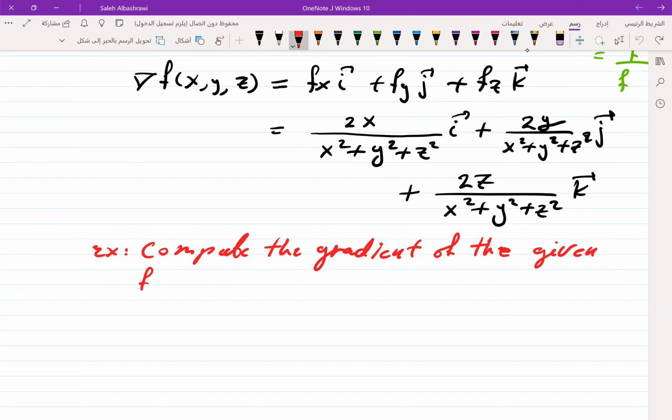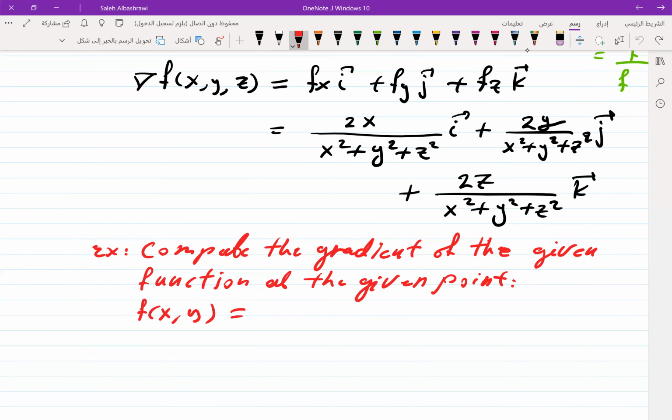Given function f of x, y equal to x squared minus 4y squared, and we need to be at the point 2 and 4.